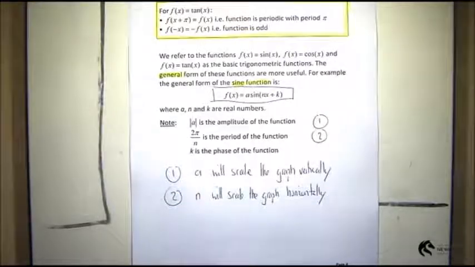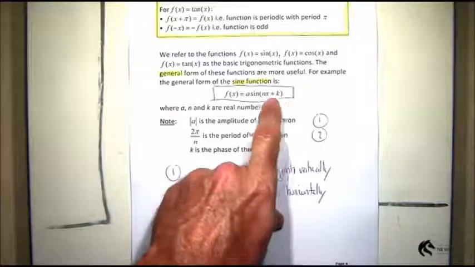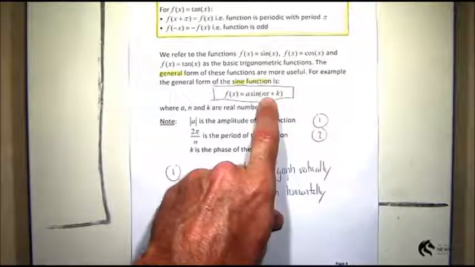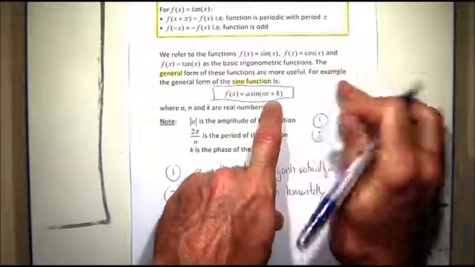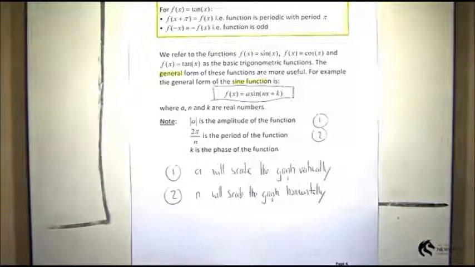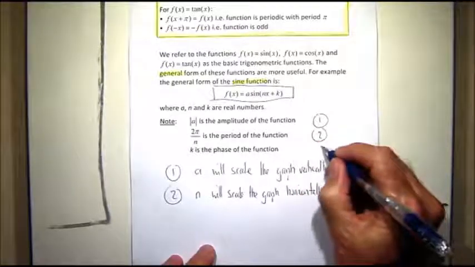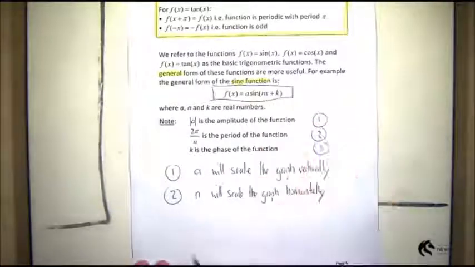And lastly, the constant. Now, we've actually got a constant added inside here, which is a little different. If I'd put the constant plus k right out the side, that would have shifted it up or down. But this one's a little bit different because we've got the k inside the argument.